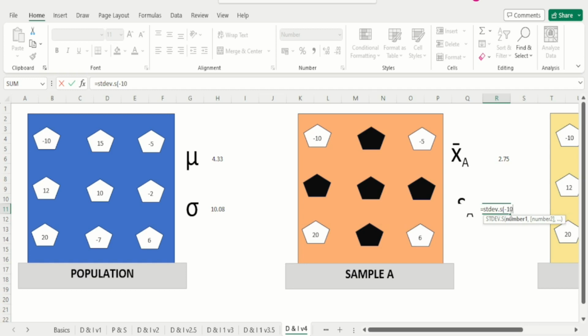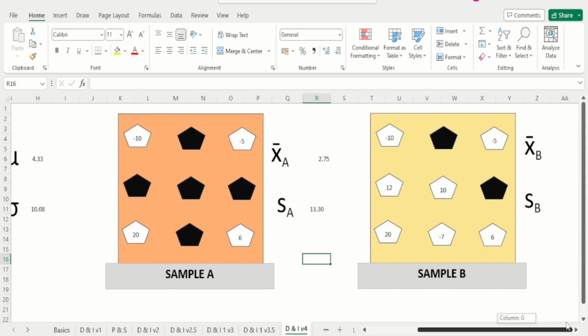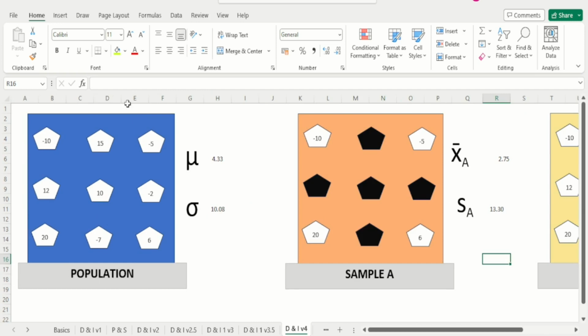In this case, you have -10, -5, 20, and 6. Okay, so what you've got here is 13.30, right? That is the standard deviation here. Okay, now let's repeat this exercise for the other data set, but before that, just one quick observation. Remember that the population has 9 data points here.